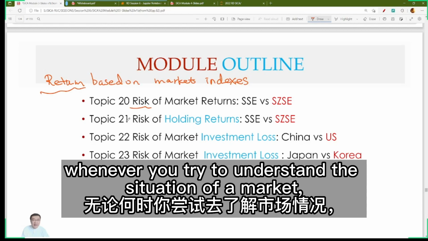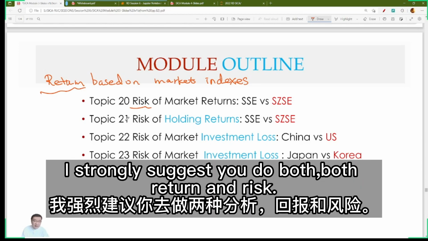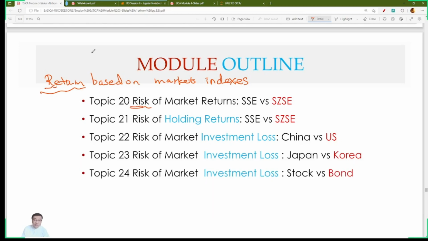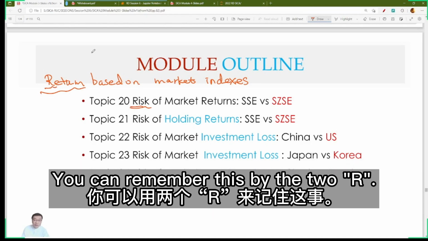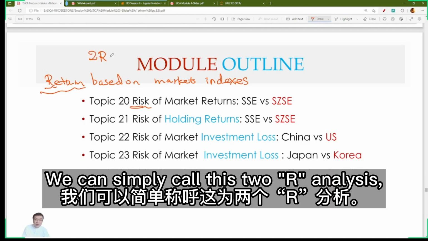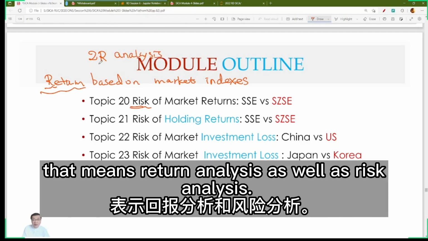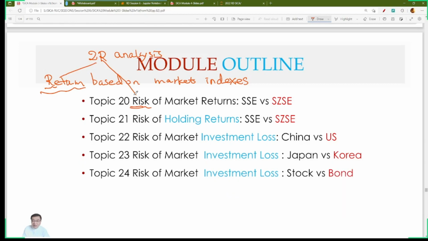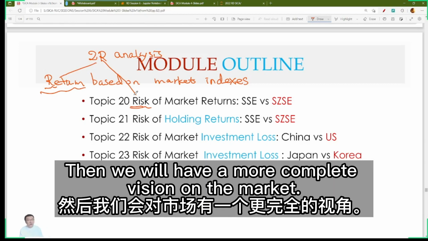Usually, whenever you try to understand the situation of a market, I strongly suggest you do both return and risk. You can remember this by the 2R. We can simply call this a 2R analysis. That means return analysis as well as risk analysis. Then we will have a more complete vision of the market.